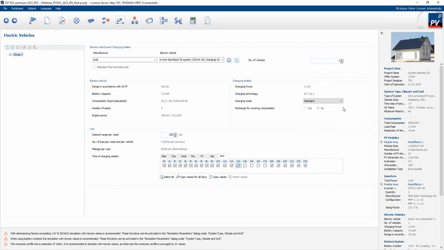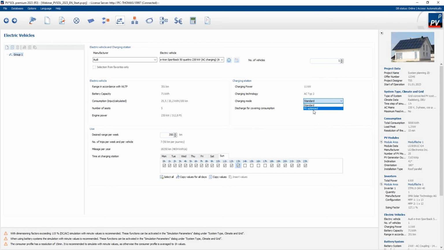And then we have an option here on the charging station. It's for the charging mode. There's standard and PV optimized available. What does it mean? Standard means our car comes to the charging station and then the battery of the car is charged, even if no PV energy is available, then it's charged by the grid. If you select standard, then the battery of the car is charged up to full.